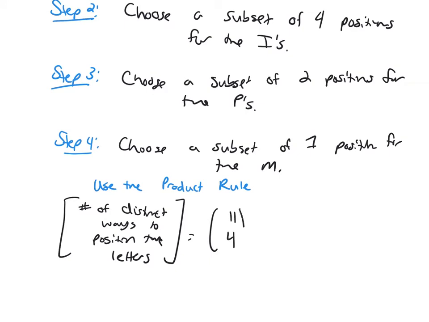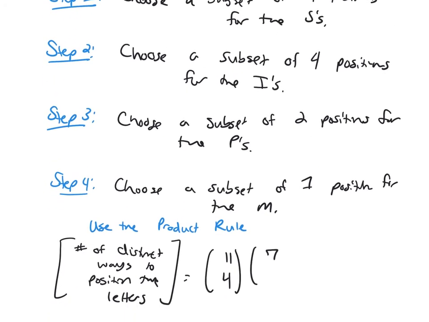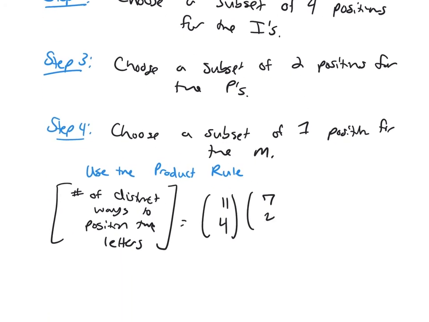So it'll be 11 choose 4. But now I've used up 4 of the positions, so now there's only 7 positions remaining, and I need to choose 4 of them for the I's, so 7 choose 4. Well, now in total I've used up 8 of the positions, so that means I only have 3 remaining, and I've got to choose 2 of them for the P's. And finally, I have 1 position remaining and I need to choose 1 spot. So 1 choose 1.